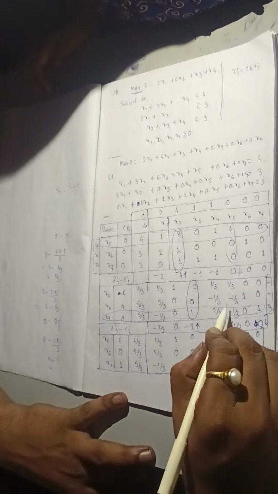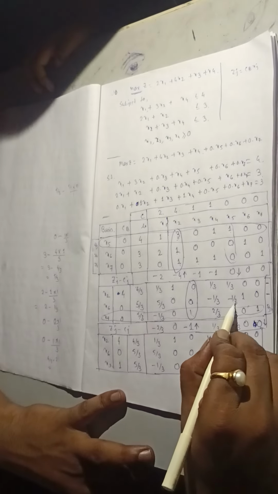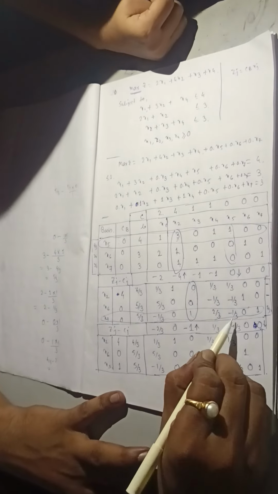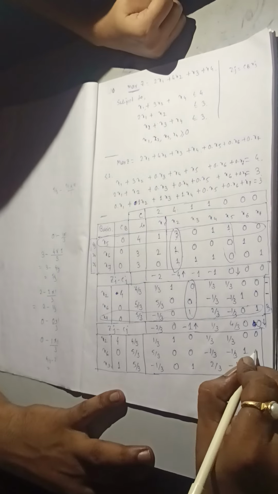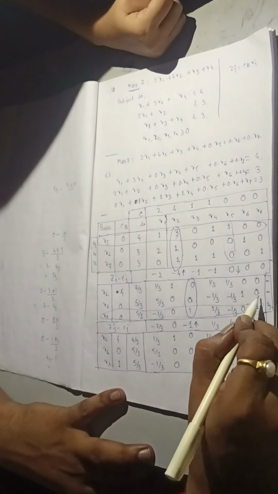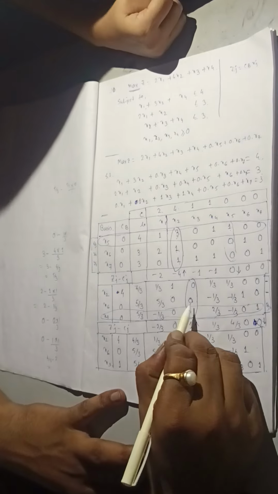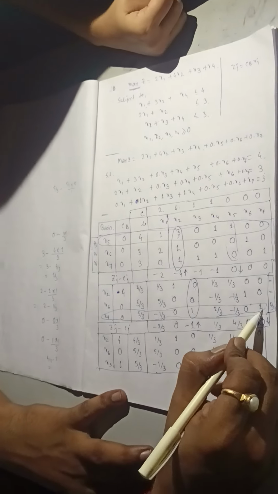Next one is again minus 1 by 3, since 0 divided by 1 is 0. And look at the last one, 0 minus 0 into 1, that is 0 by 1, so simply it will become 0.